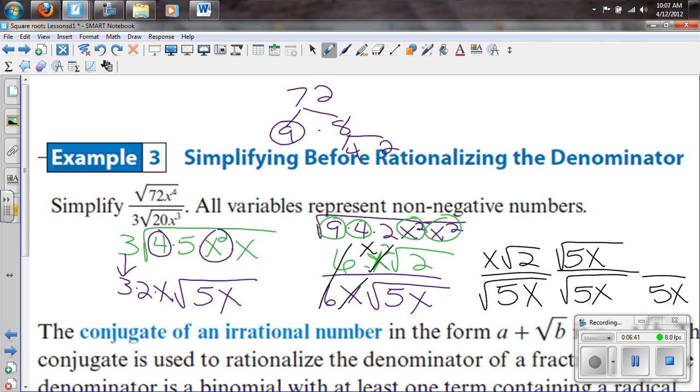On the top we have x times 2 times 5, which is 10x in the square root. And then the last step, we can still do one more simplifying, and that simplifying is we're going to cancel these x's. So our final result is the square root of 10x all over 5.